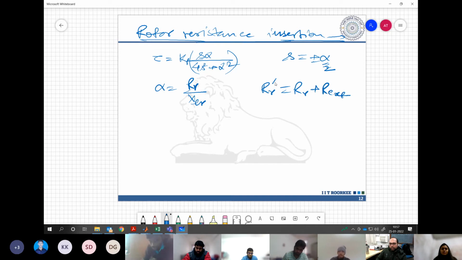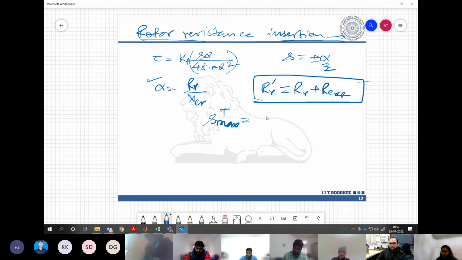So the effective resistance RR dash becomes something like this, where R external is the external resistance. Obviously, when you have some extra resistance inserted, the value of alpha will increase, and so the slip at which the maximum torque is occurring will also increase. Say I am talking about only motoring mode. So this will increase with alpha.